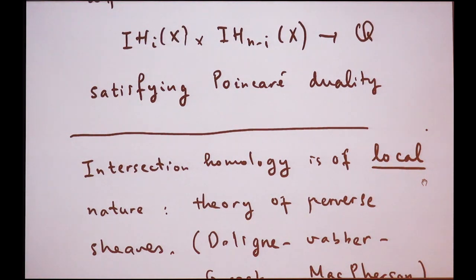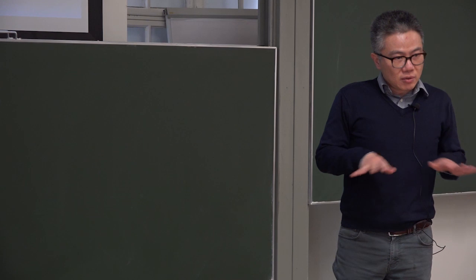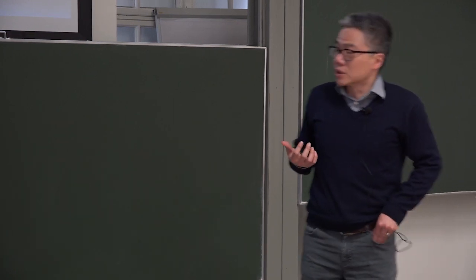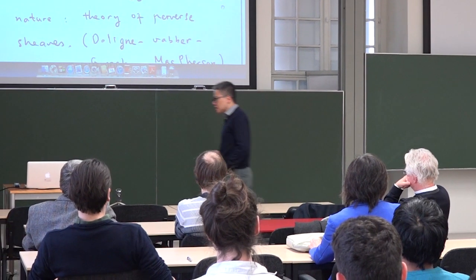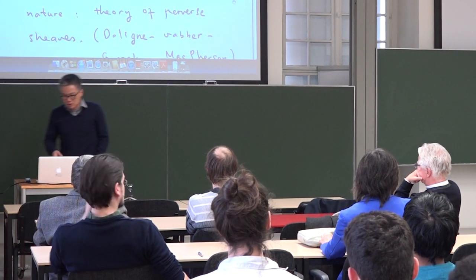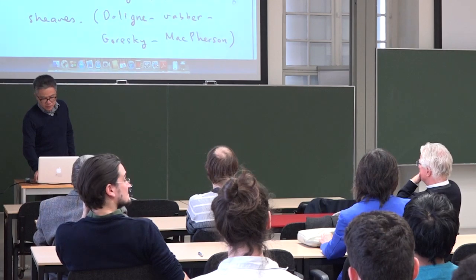Perverse sheaves were invented first by Goresky and MacPherson, and later in a very beautiful form by Deligne, Bernstein, Beilinson, and Gabber. I will try to convey some idea about this theory and its applications.